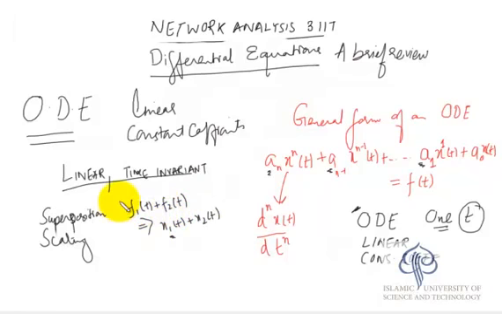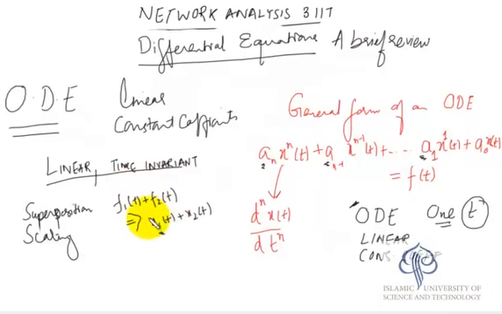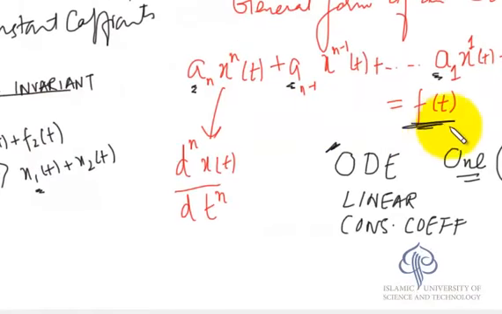And when you take both of these forcing functions together, the response to f1(t) plus f2(t) is going to be the sum of x1(t) plus x2(t).